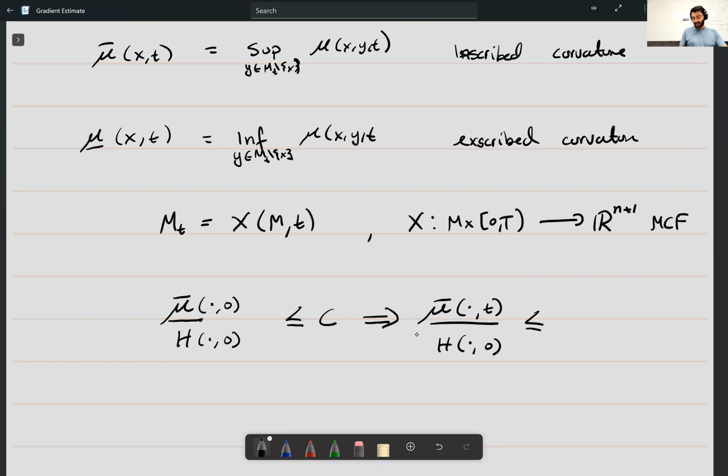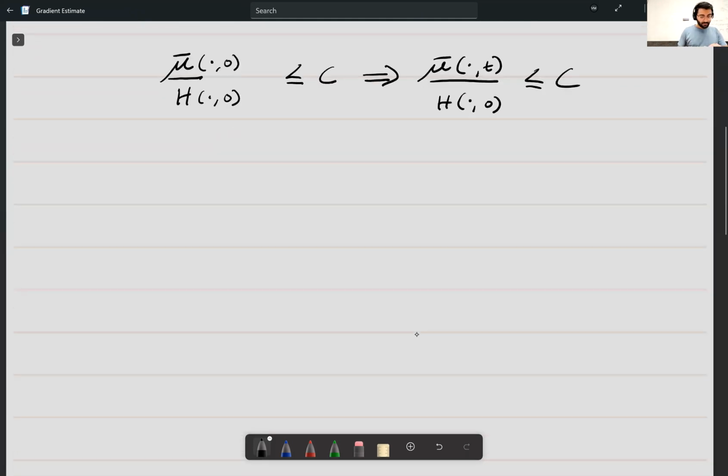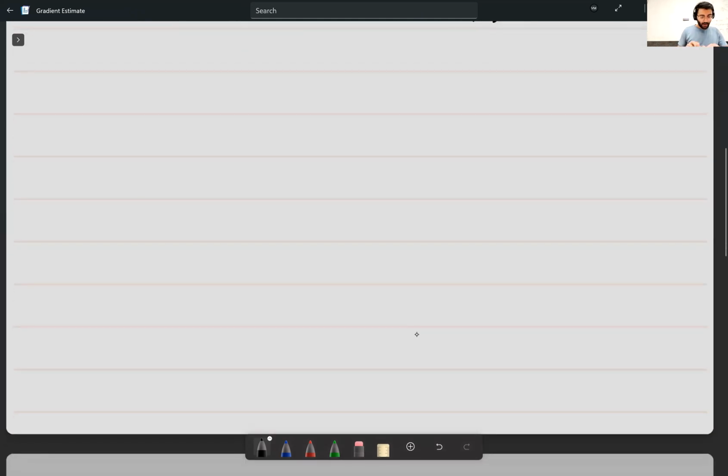Basically this says that if I have a surface evolving under mean curvature flow, and at every point I have an inscribed ball of radius a constant divided by H, then at later times I still have inscribed balls of the same radius, constant divided by H.